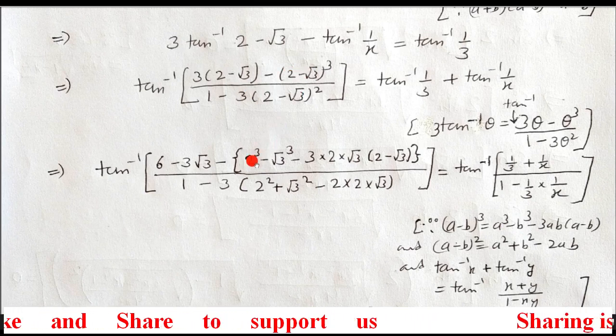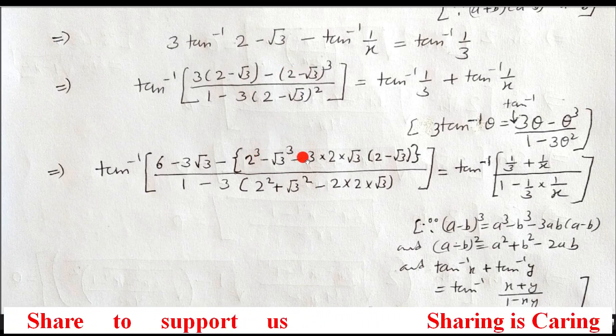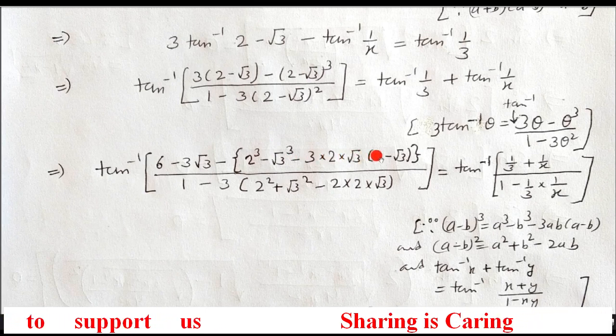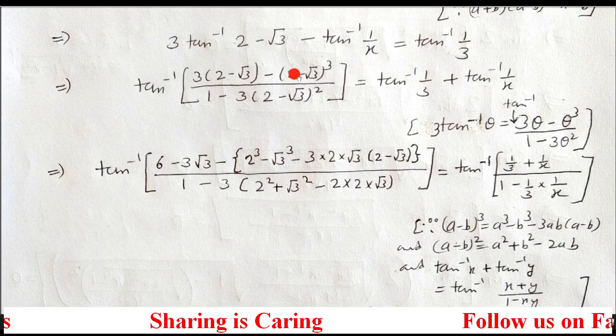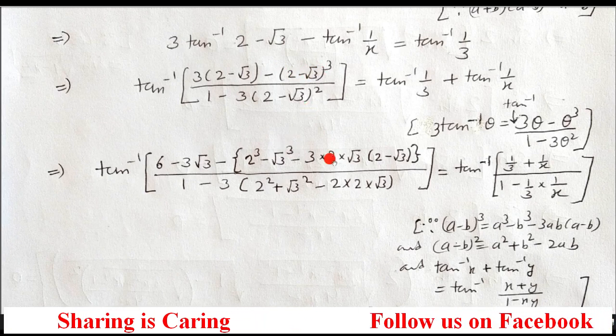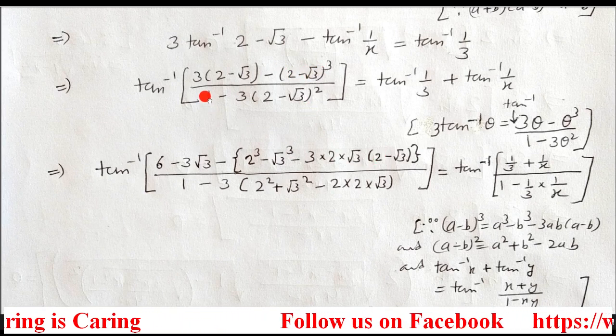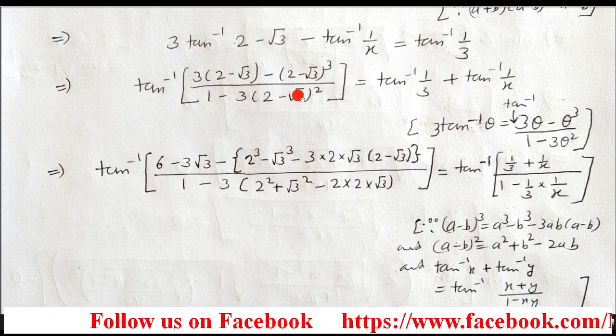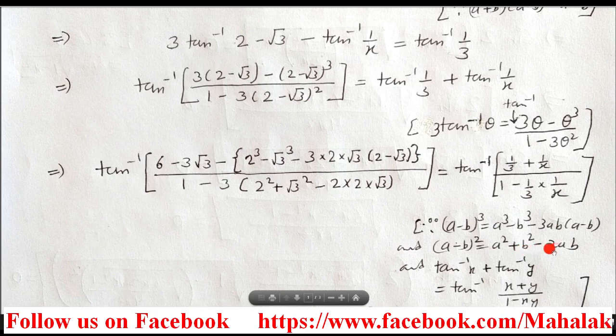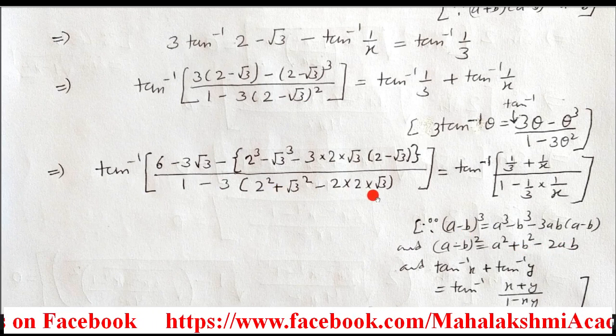Root 3. So a cube minus b cube, then minus 3 into a into b, then bracket a minus b. So like this I opened this bracket which is in the form of a minus b whole cube, and in the denominator I wrote this 1 as it is and this 3 also as it is, and in this bracket I used the formula a minus b whole square. So I got these terms.